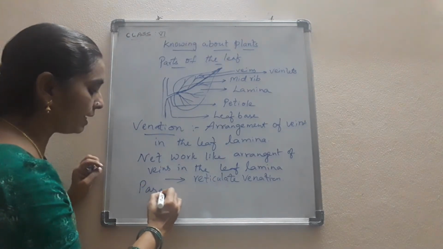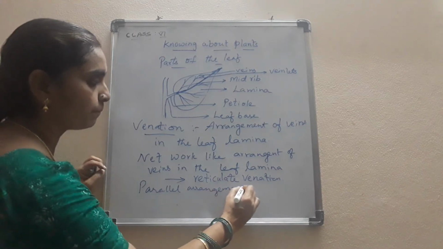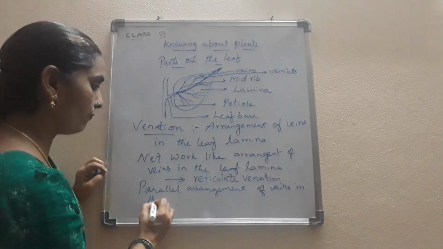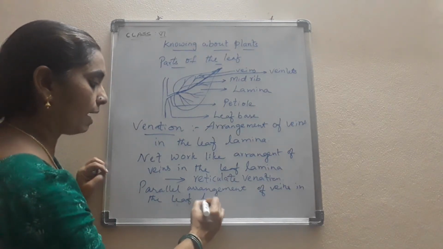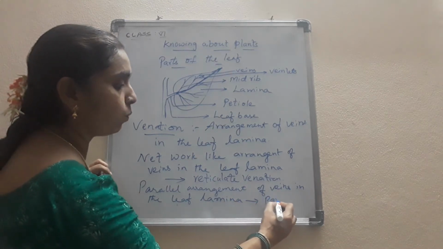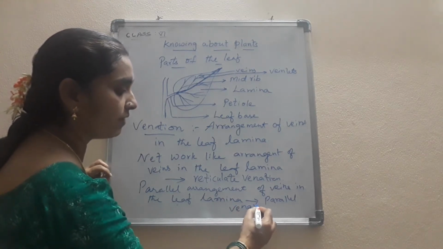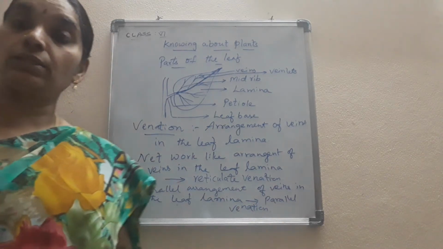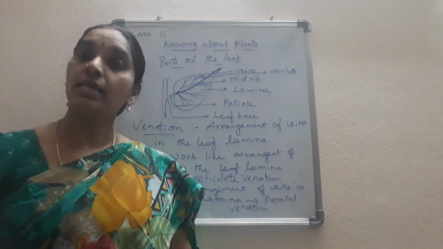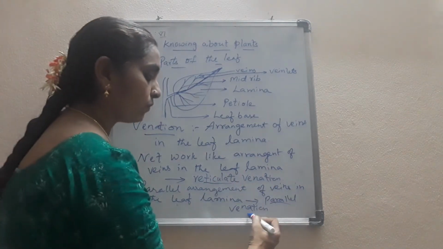So parallel arrangement of the veins in the leaf lamina tells us that it shows parallel venation. What is the type of venation it's called? Parallel venation. Did you understand that there are two types of venations in the leaves? What are they? One is reticulate venation and the other one is parallel venation.